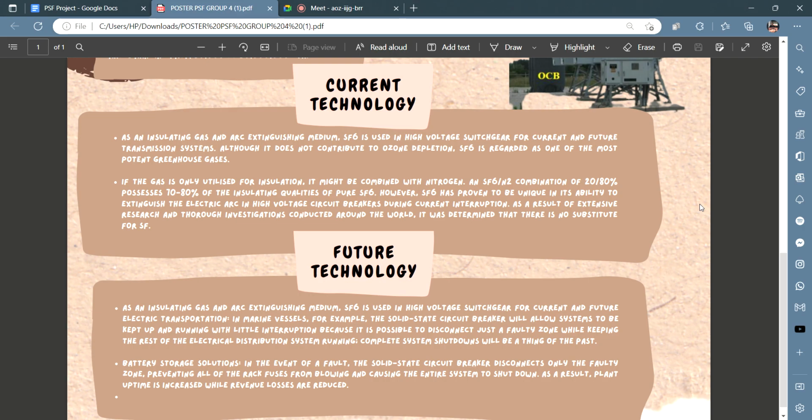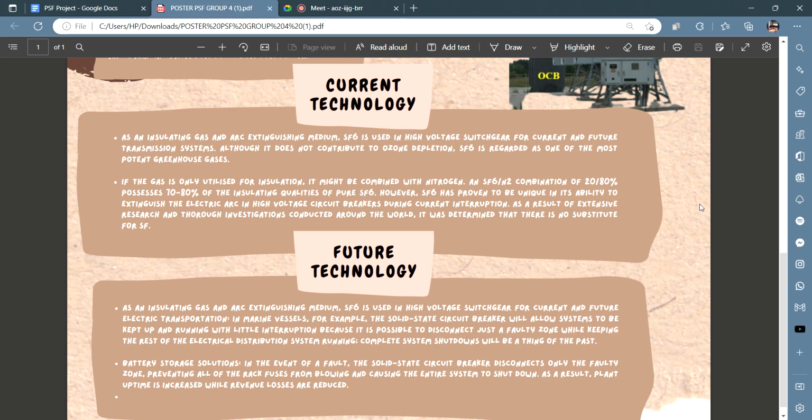If the gas is only utilized for insulation, it might be combined with nitrogen and SF6, and a combination of 20-80% possesses 70 to 80% of the insulating qualities of the pure SF6.